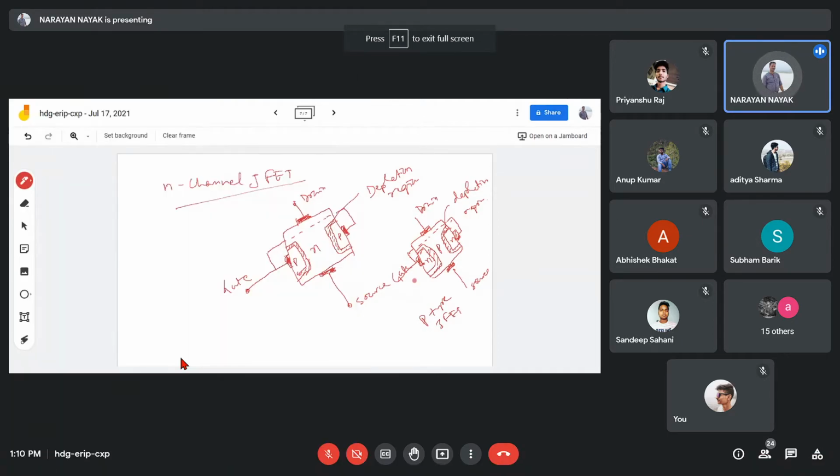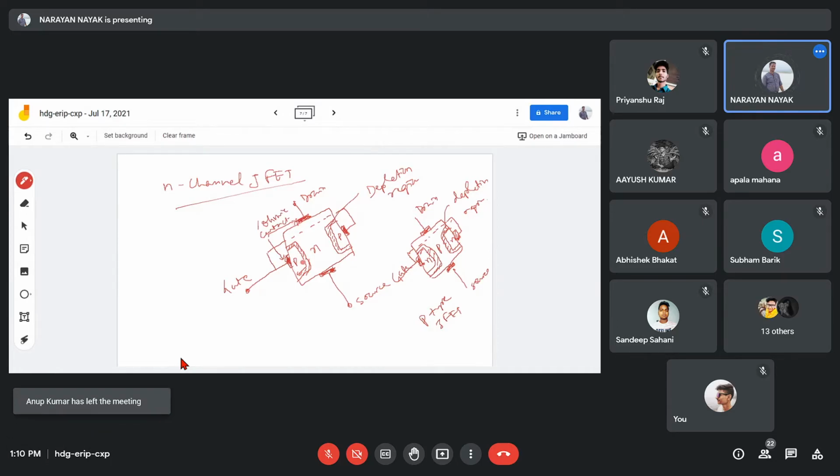Now, generally, what will happen? What do we call this one? This is called ohmic contact. Ohmic contact means the contact takes place whenever you apply some gate voltage. Okay, this is your ohmic contact. Now, this is also a depletion region.